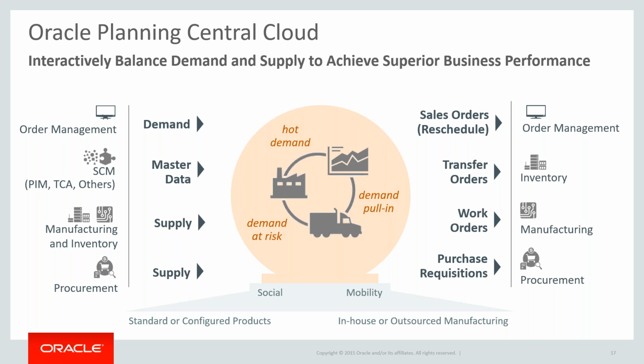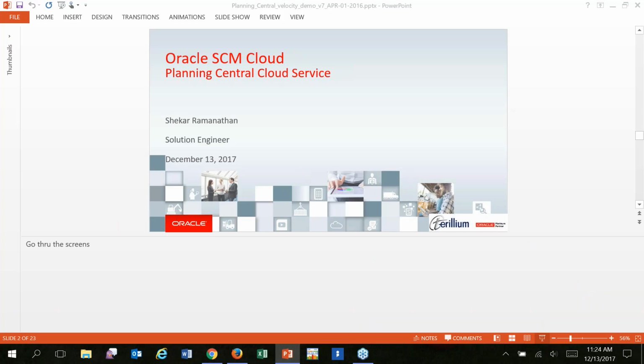And then it creates multiple output signals. It gives you exceptions for rescheduling purposes, exceptions for capacity issues, etc. Creates work orders or planned orders that can be converted to work orders, planned orders that can be converted to POs, planned orders that can be converted to internal material transfers between organizations or between plants. And it's constantly keeping this in balance and giving you those exception messages as well. So let's take a look at the software.